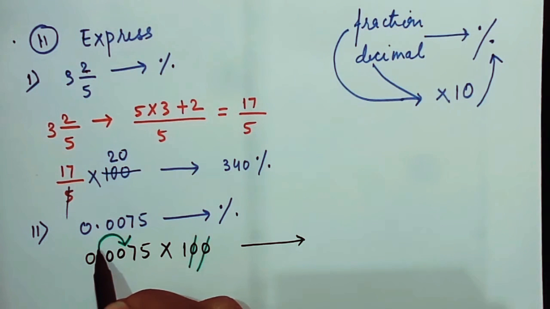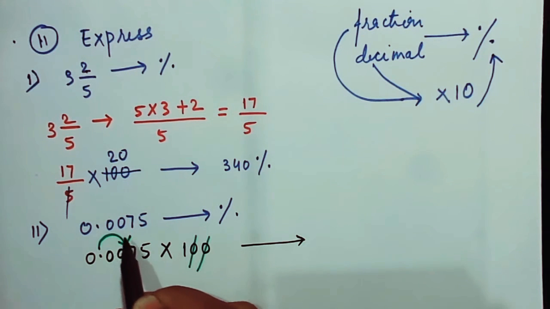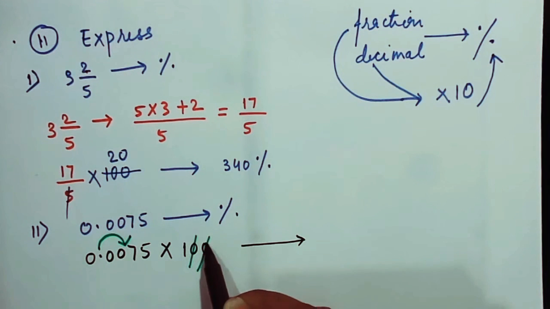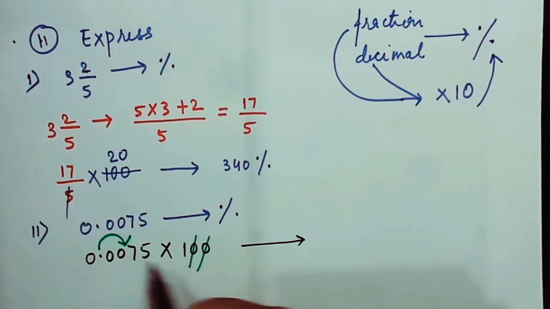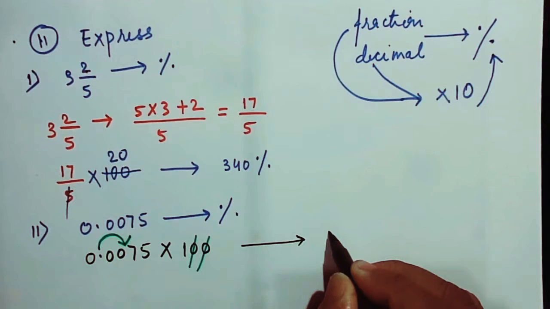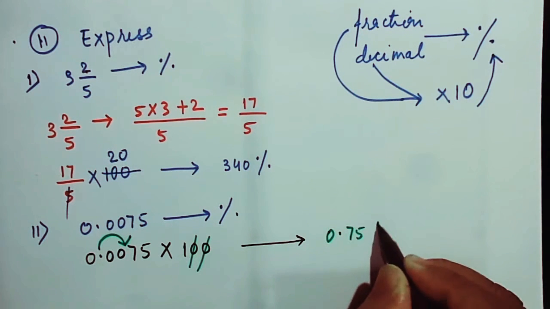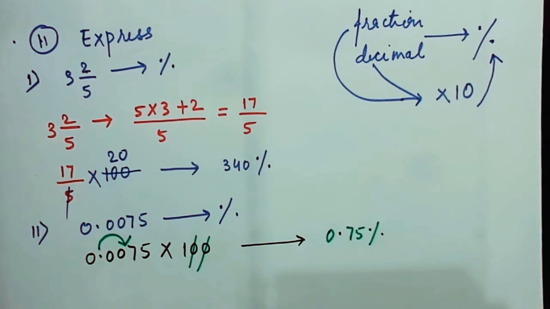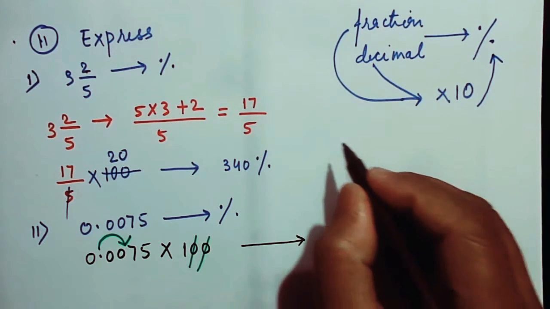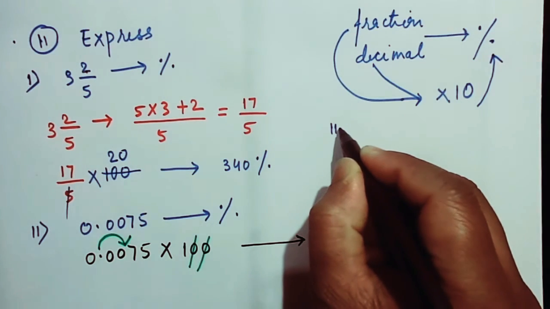Therefore the decimal will move from its place towards the right hand side. I had cancelled 2 zeros, therefore it moved 2 places. So here we get 0.75%. Do you think that it is something tough? It's not.